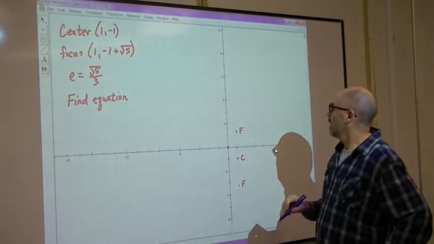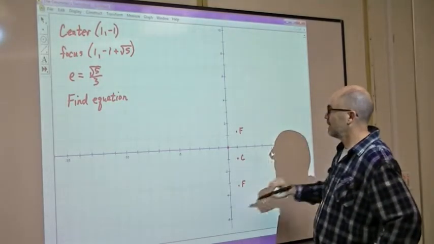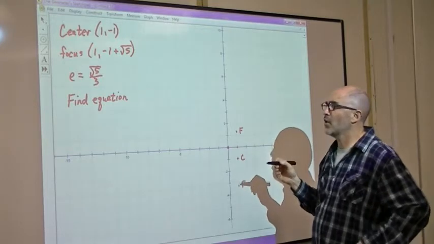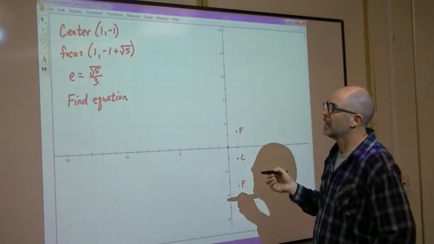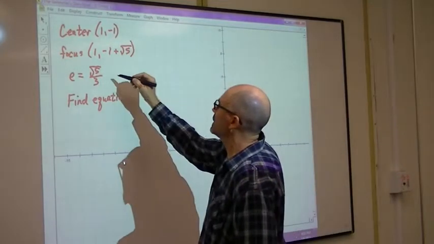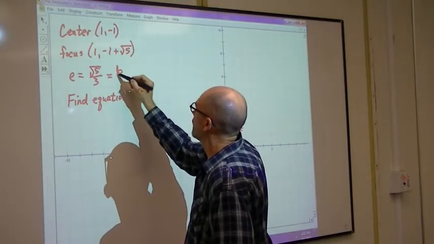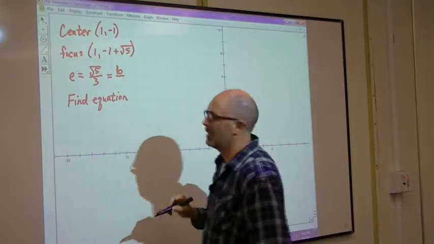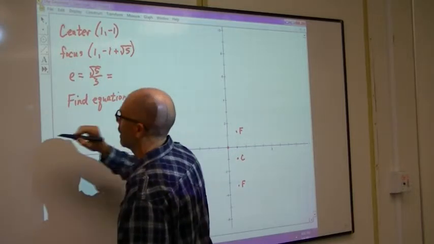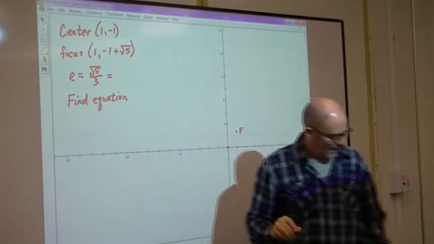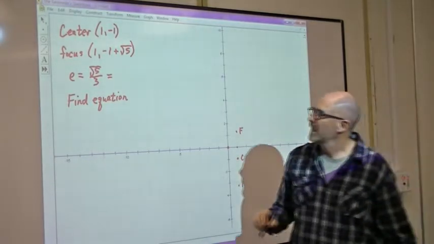All right, so this also should tell you that the ellipse is vertical. So that's handy to know. So that means b is the major axis. Okay, what does that mean? Well, that means eccentricity equals c over b.